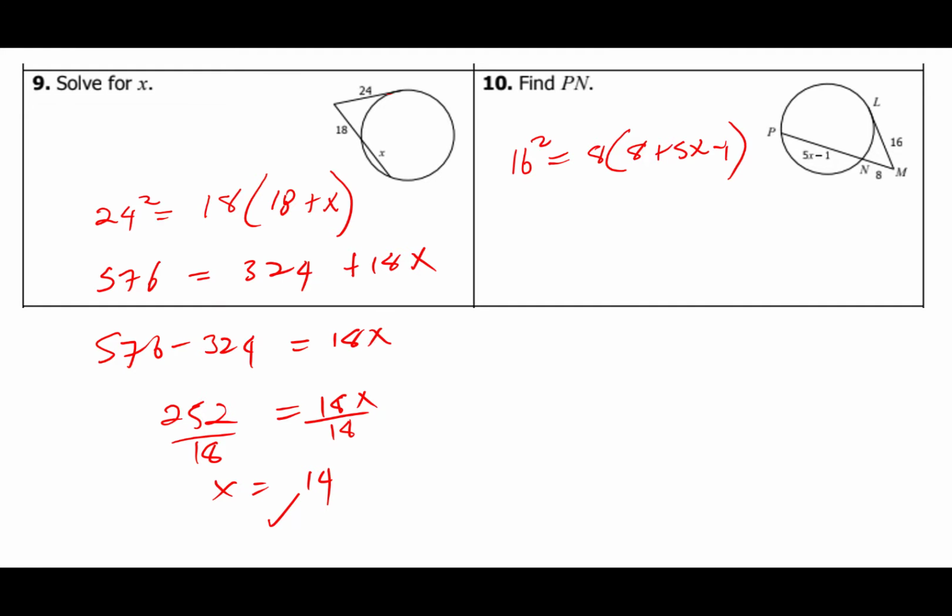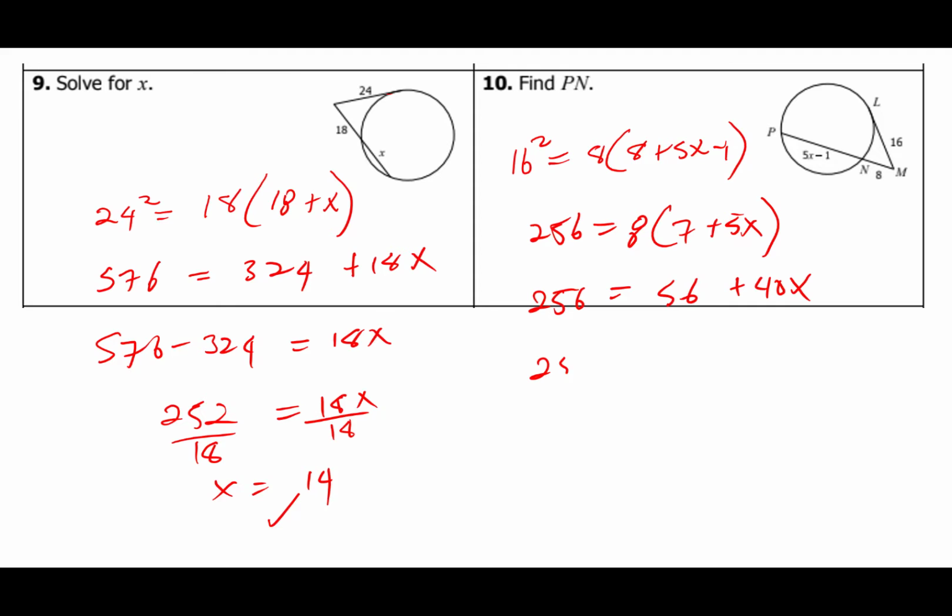Now let's do it for Pn. If we do 16 squared, that's going to be 256 equal to 8 times (7 plus 5x). Good. We multiply that out and we're going to get 56 plus 40x.